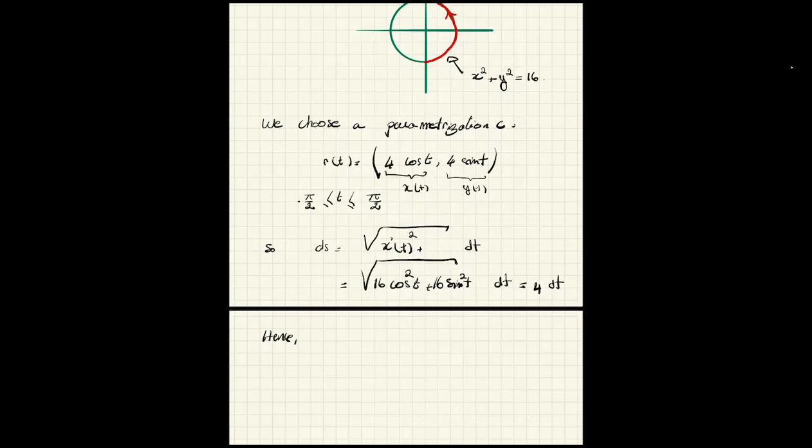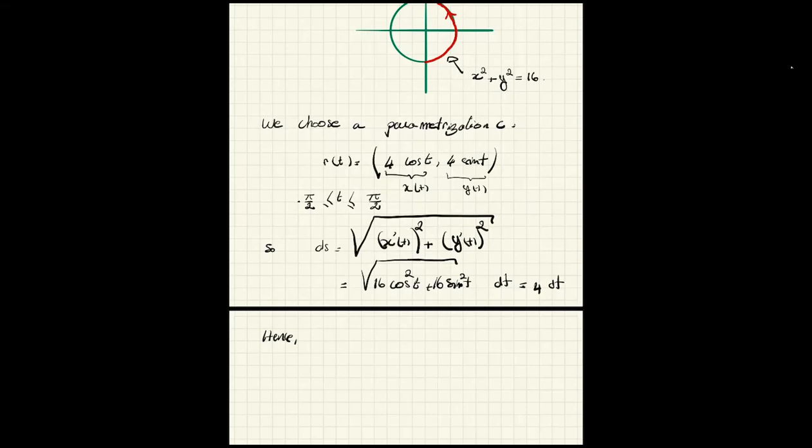So it's x prime, the whole thing squared. So it is square root of x prime t squared plus y prime t squared. So that's the formula. You have to remember it.